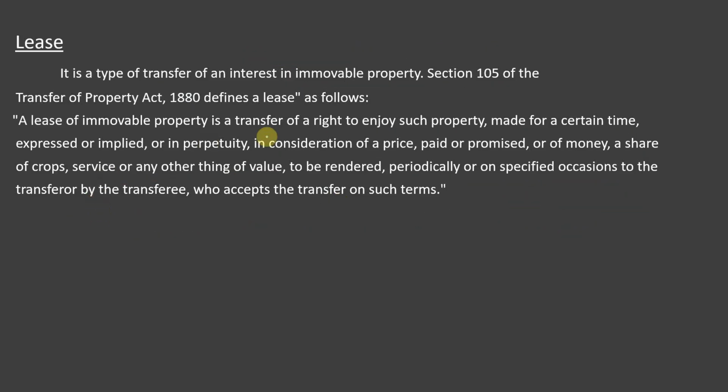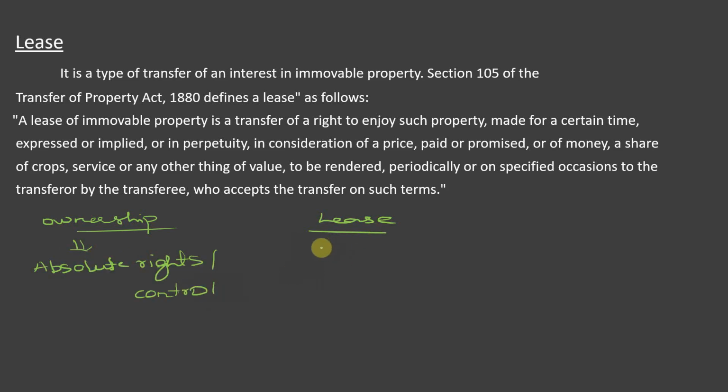As we have understood the meaning of lease, let us understand the difference between ownership and lease. In ownership, the owner will have absolute rights and control over the property.